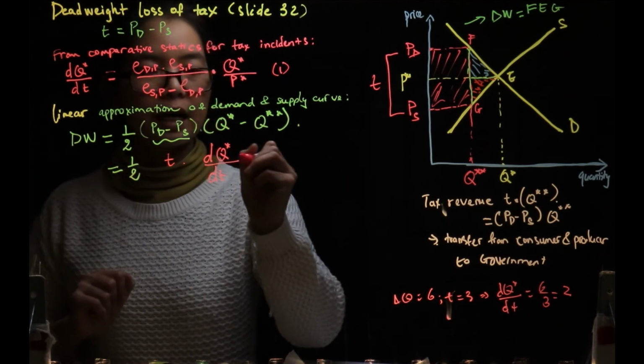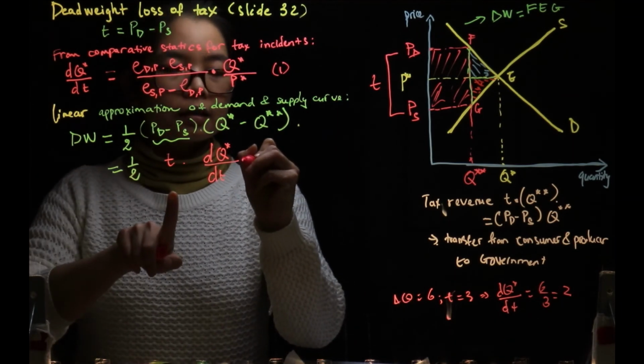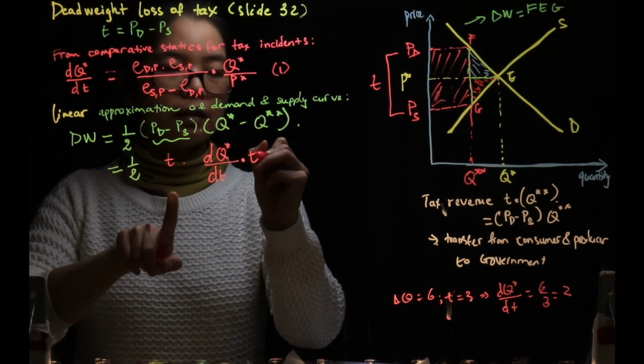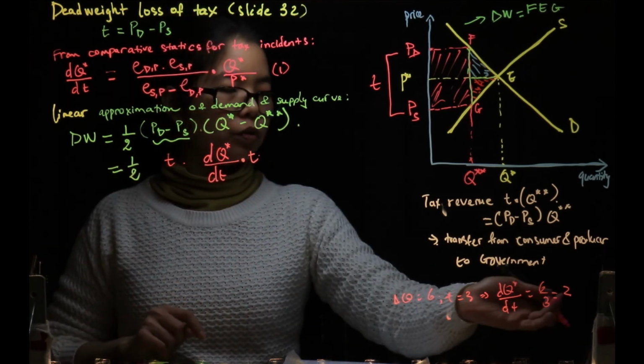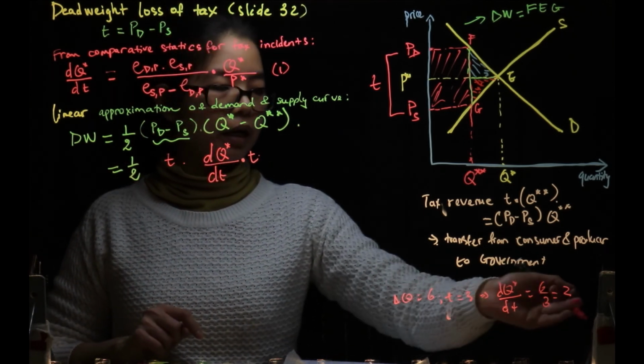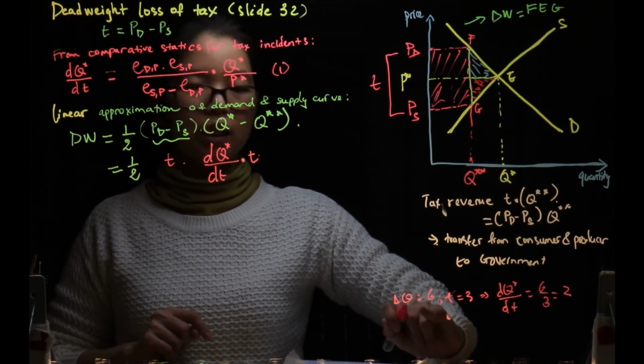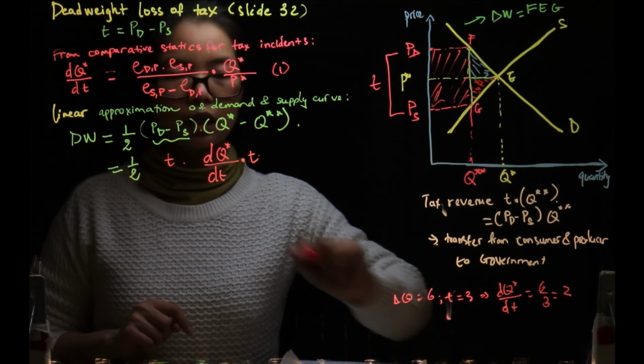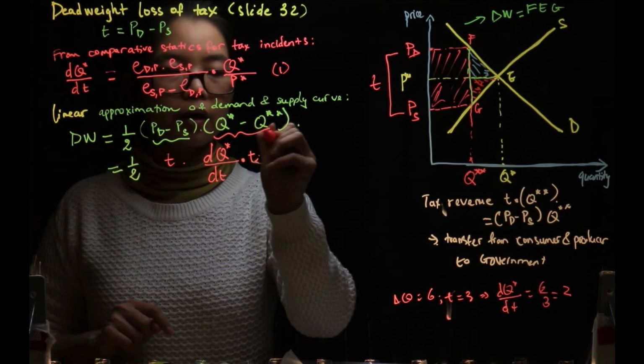No? So that's the idea. Times T. So now if you multiply by T back here, you get 6. So delta Q equals 6 again. So that's this part here.